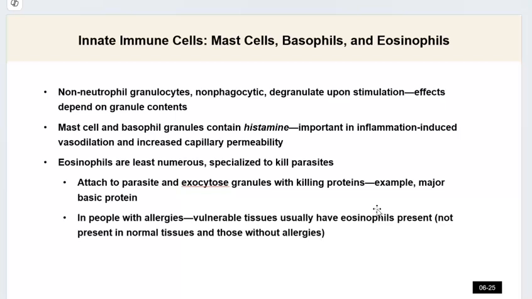Immediately after tissue injury or during the early phase of an allergic reaction, the basophils and the mast cells will degranulate and they'll release that histamine, and histamine's a potent vasodilator. So if you're having an allergic response, if we use antihistamines quickly, that can really counteract the allergy response.